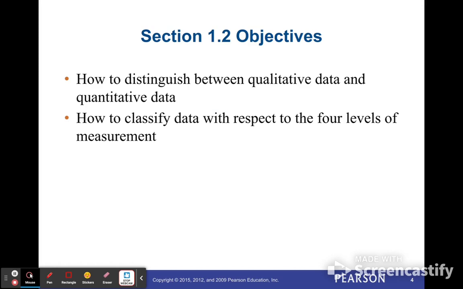First, we're going to distinguish between qualitative data and quantitative data. And the second one, we're going to classify data with respect to the four levels of measurement. This is kind of short, but we're still going to do something after the lesson, because I'm going to tell you later on what to do next. So let's start.